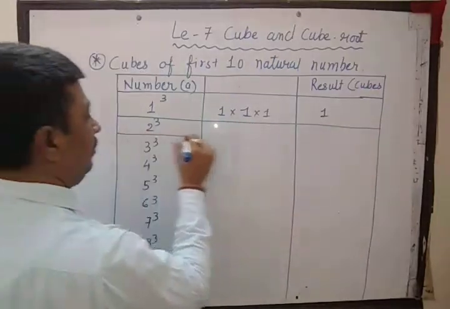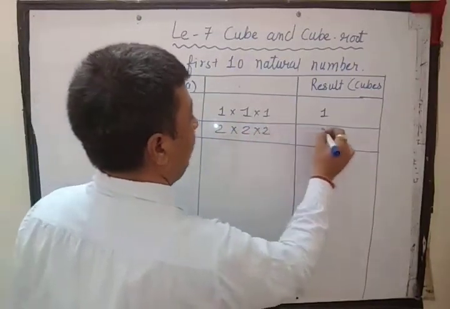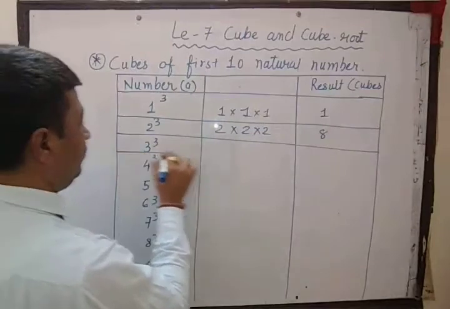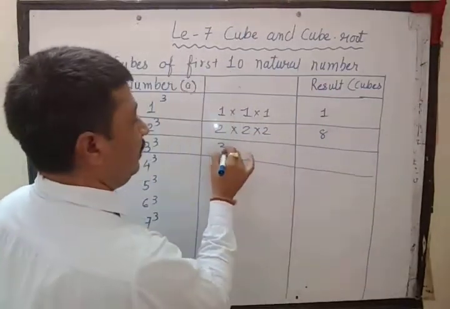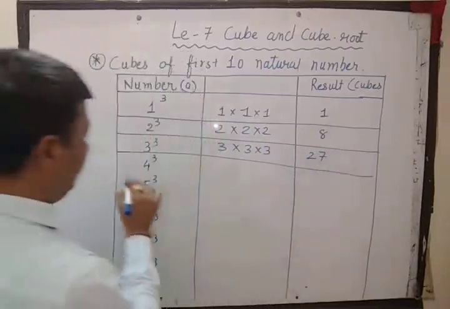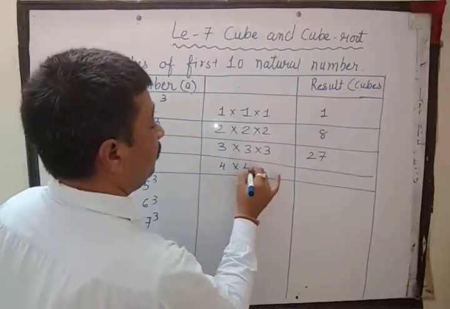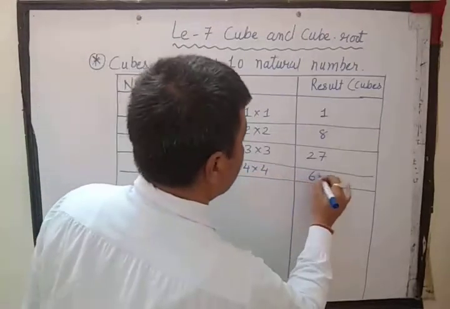So 2 into 2 into 2 will be 8. 3 cube, 3 threes are 9, 3 nines are 27. 4 into 4 into 4 will be 64.